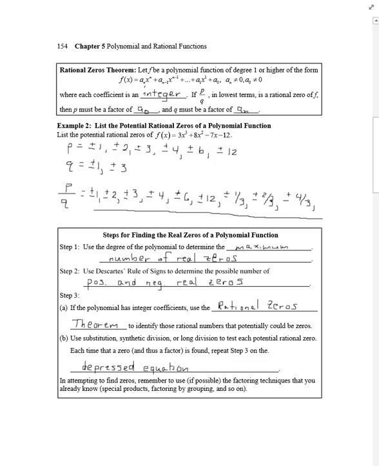And remember, if possible, use factoring techniques because they're faster. So sometimes you might find a root, and when you do the synthetic division, we come up with something that's easily factorable. Well, factor it. It's much faster. Okay, scrolling to the next page.